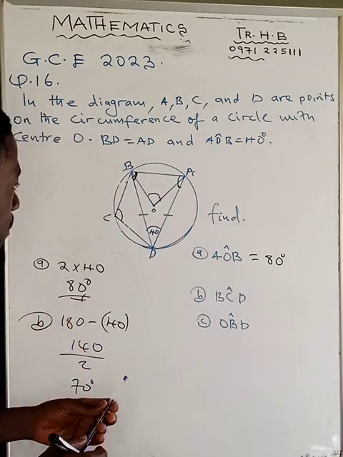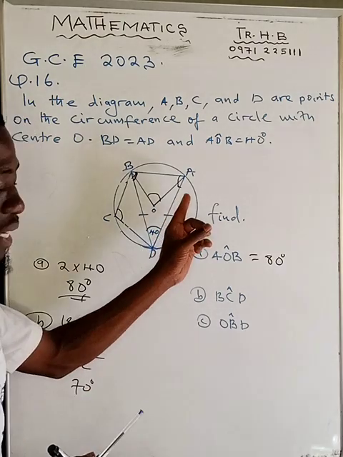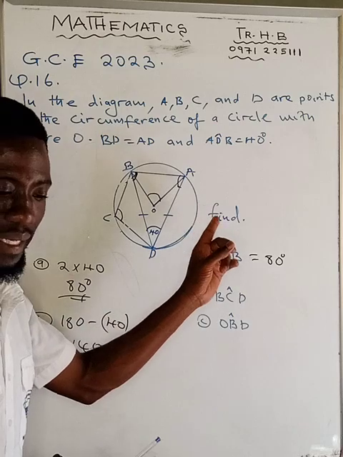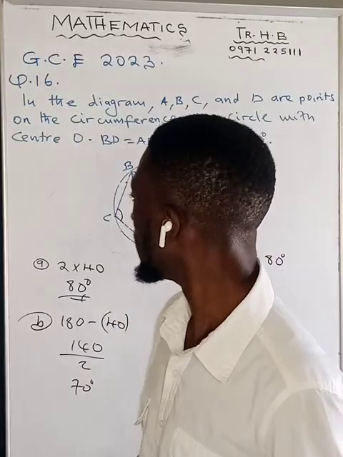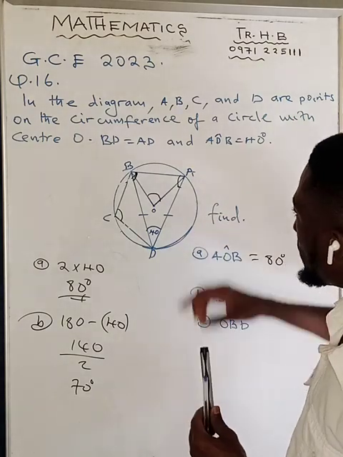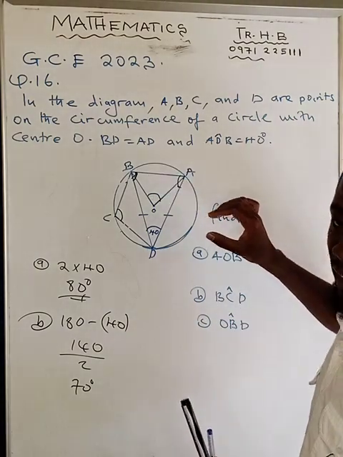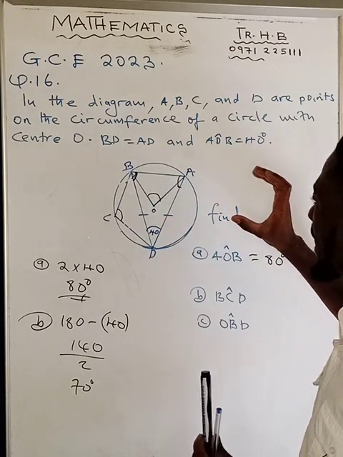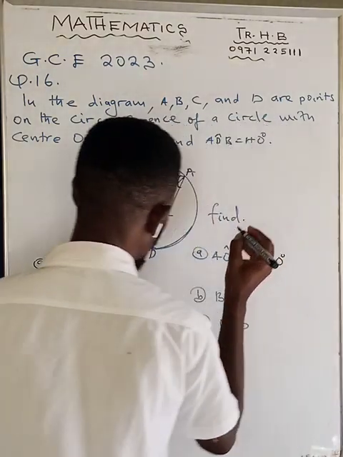Now, you need to recall a property. There is a property that states that two opposite angles in a cyclic quadrilateral add up to 180. So when you look at this quadrilateral that we have, all the four corners are touching the circumference. So from there you can tell that we are dealing with a cyclic quadrilateral. This is the spelling for cyclic.